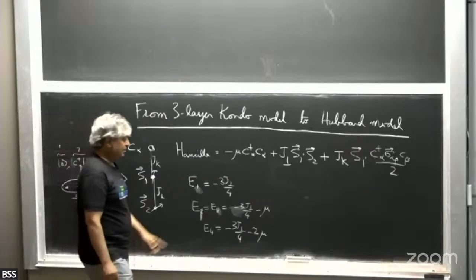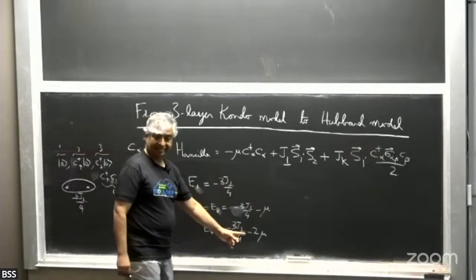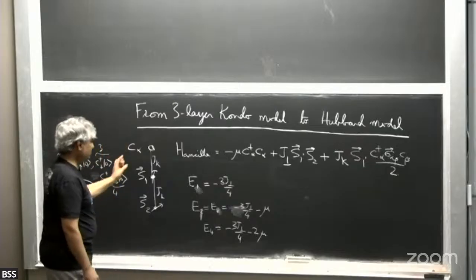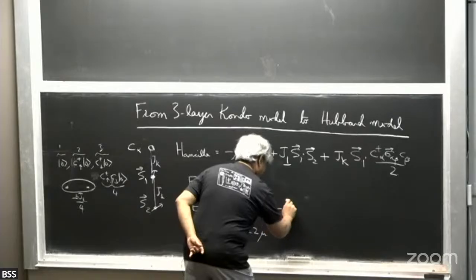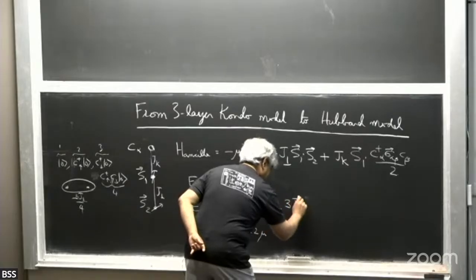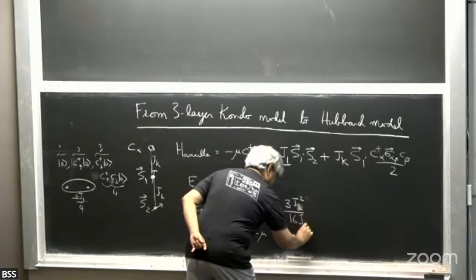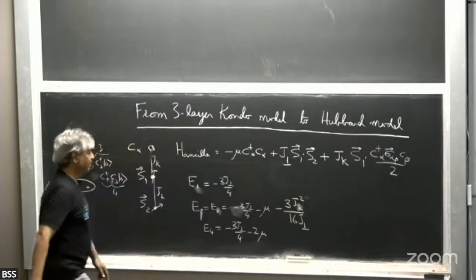But next order, this is in fact exact. This is also exact. It doesn't change because it's a spin 0 state here. And this becomes, if you work it out, minus 3 JK squared over 16 J perp. Okay, and then this has corrections.